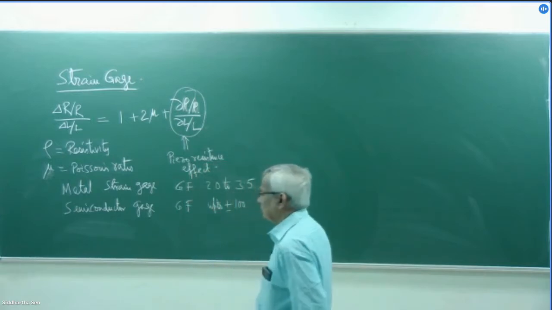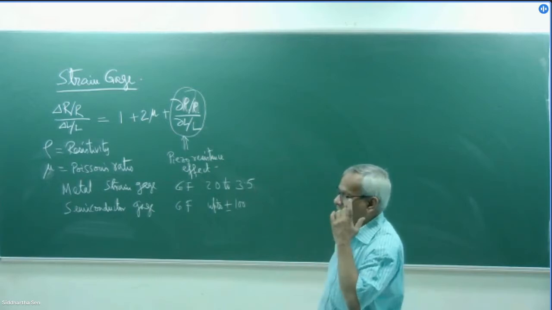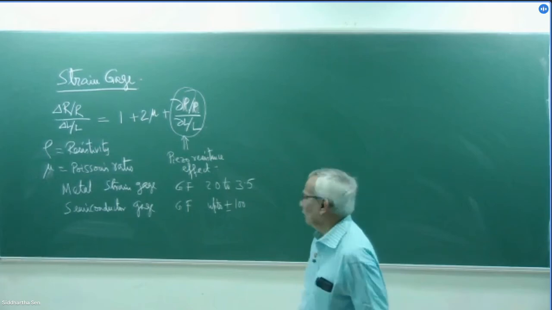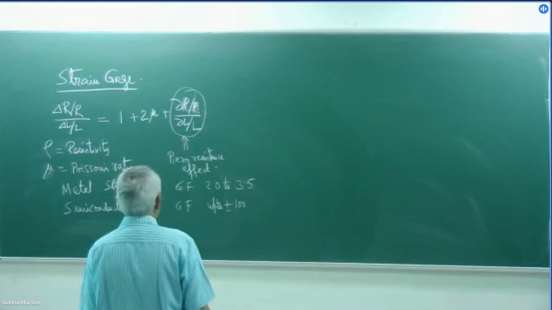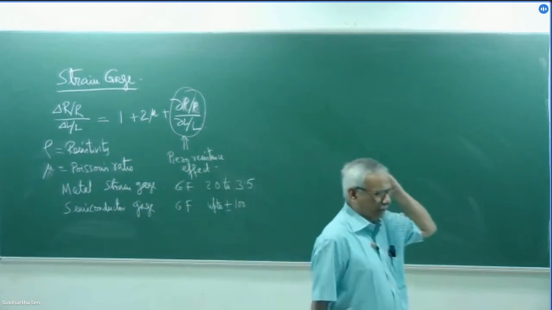So the semiconductor strain gauge is definitely very sensitive, but at the same time it is also non-linear. And we have seen the construction of the metal foil type, how to bond it and so on.